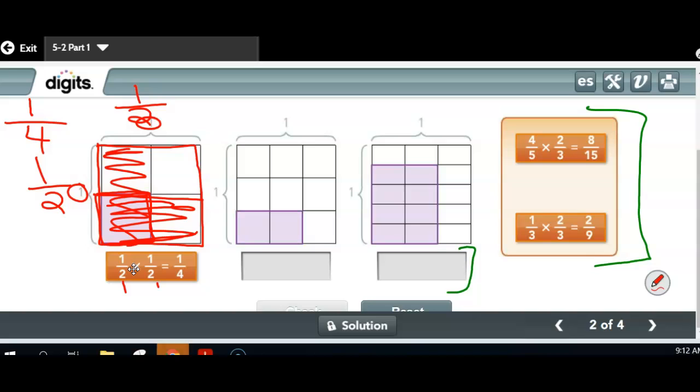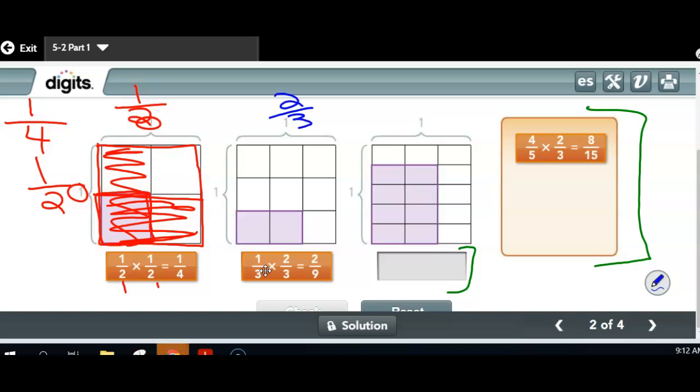Well, what about the second one? What problem is that representing? Ben. Good. 1/3 times 2/3. What fraction is on top? 2/3? John? 1/3? 2/3.